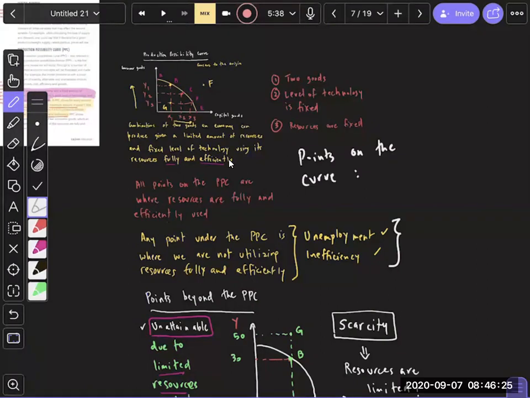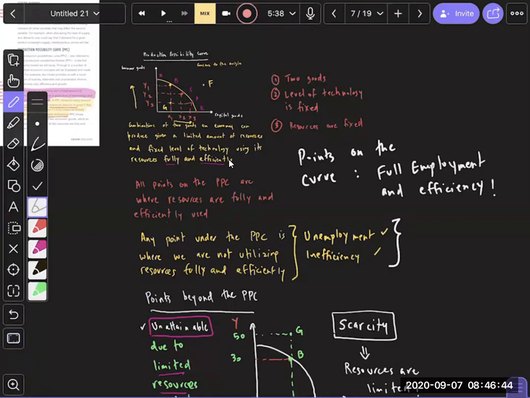Maximum utilization of resources. Can I say full employment and efficiency? Yeah, do you all agree?